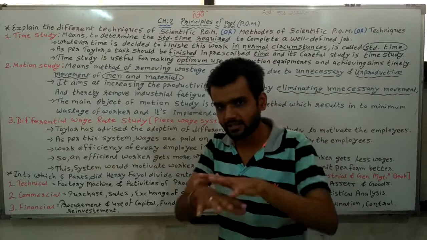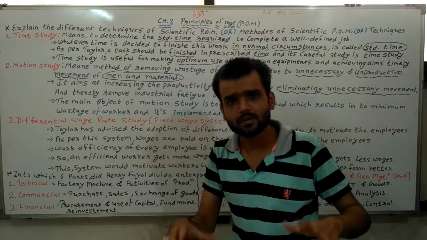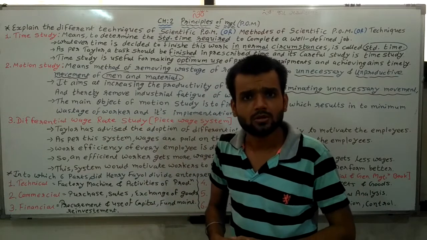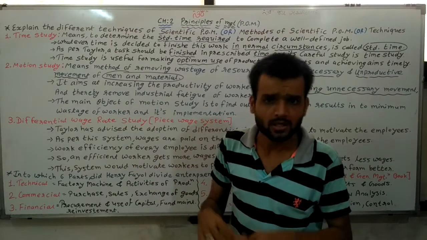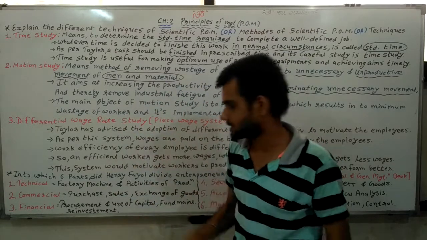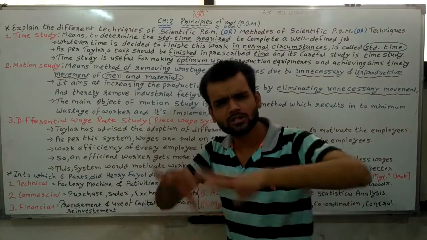Then fund maintenance in the unit, and giving to the owners, that is distribution of profit. Some profit is reinvested, so reinvestment is there. All the things are done, financial and everything.